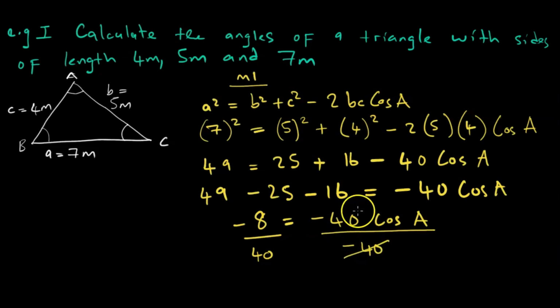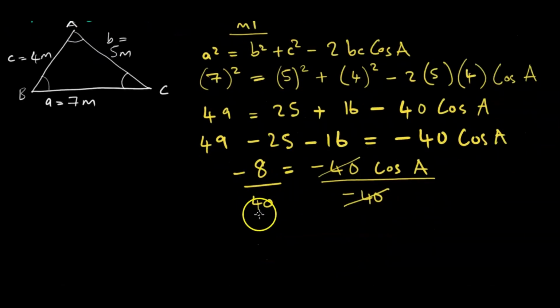So minus 40 cancels with minus 40, and we are left with minus 8 over 40, which is basically 8 into 8, 1, and 8 into 40, 5. So cos A is equal to minus 1 over 5.